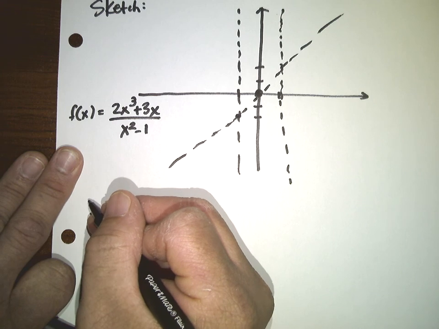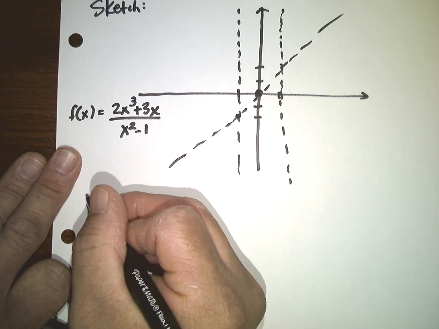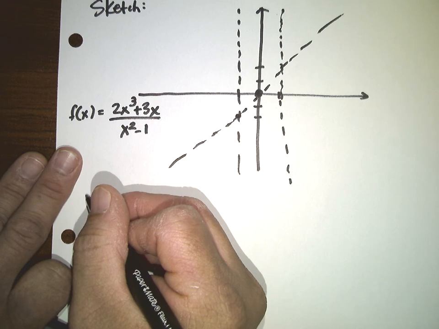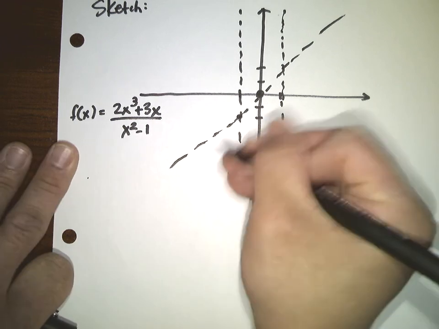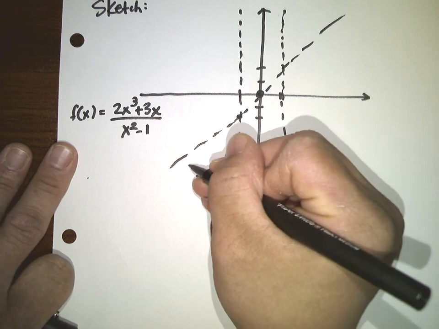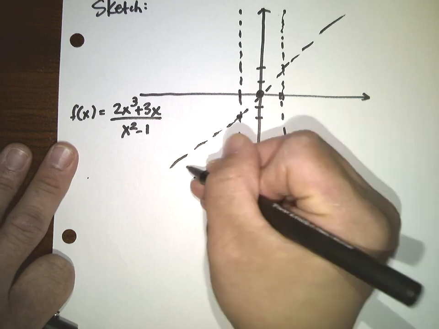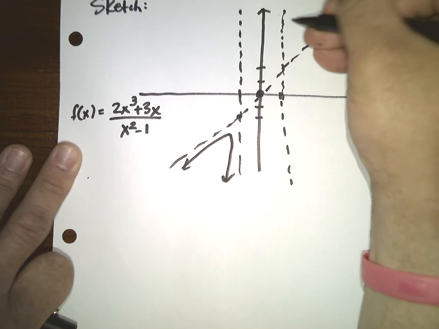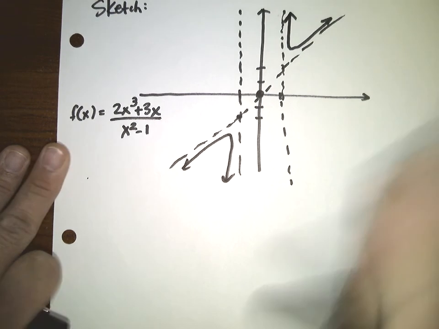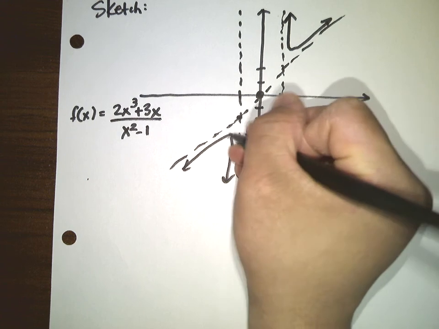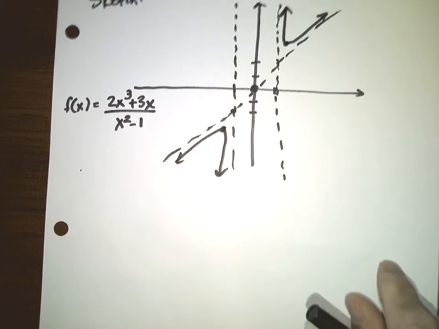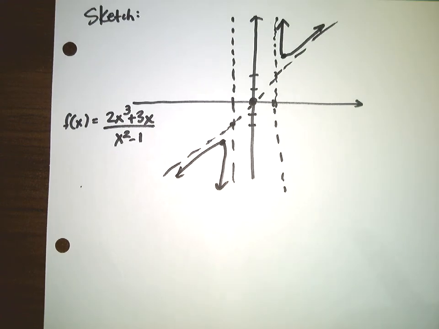By the way, I'm not going to be that particular because it's a sketch. I can already tell you that the graph goes like this in here, and like this in here, and gets close to its asymptotes. If you want to know the exact point, that takes more work and requires calculus. That's why we're just sketching it.